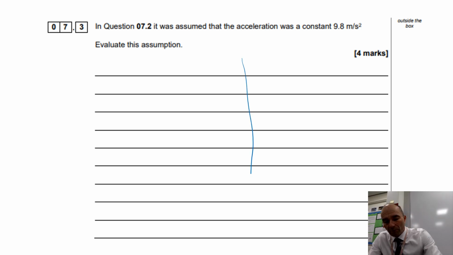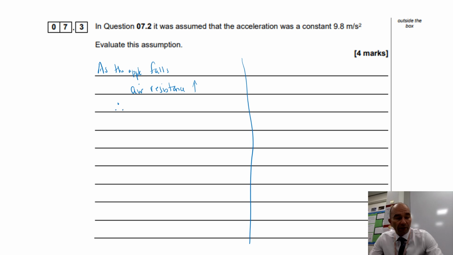We can take the approach that this wasn't a good assumption because as the apple falls, air resistance increases or starts to increase. So of course as we start accelerating, air resistance will start to build, and therefore the resultant force on the apple will go down.